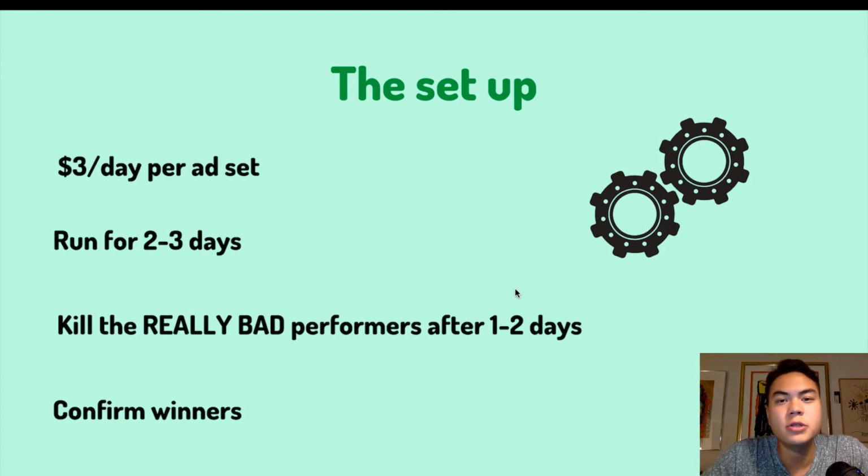I wouldn't bother to go in and start to split test with products that isn't really proven. So only do this for products that are already selling, but you feel like you can get more profit from them by optimizing the ads even more. So this is a great way to increase your profit margins, increase your profits, and make your ads more profitable in general.